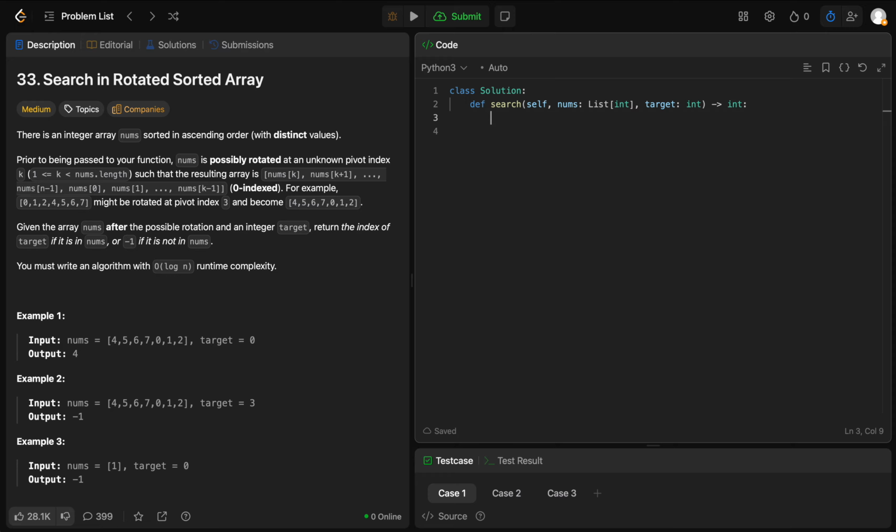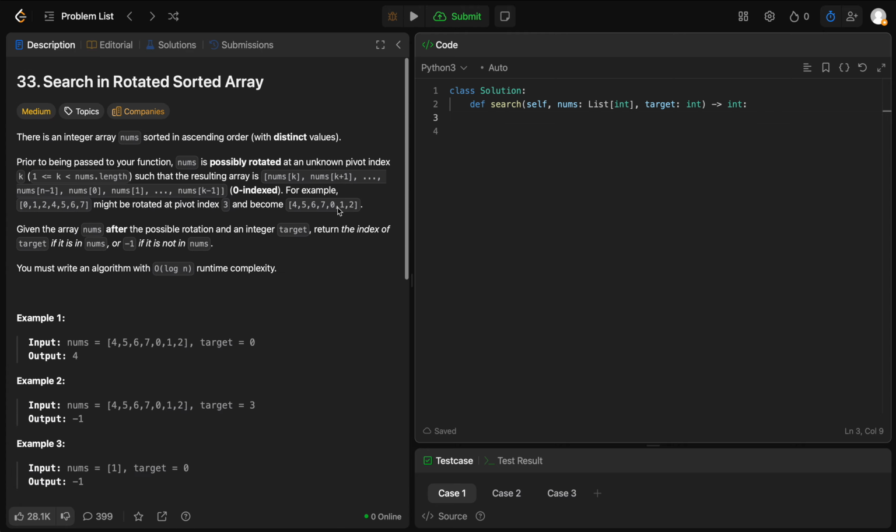Well, I can find the index of minimum, and then I could split and do two separate ones. So 3 binary searches, that should be okay, I think.